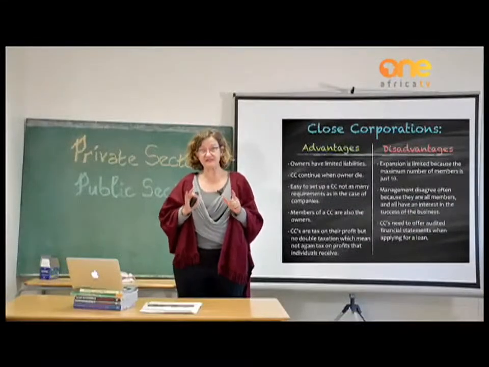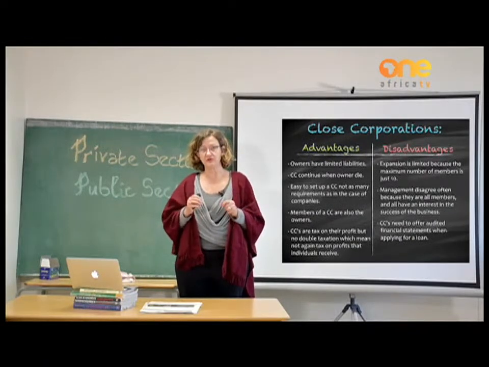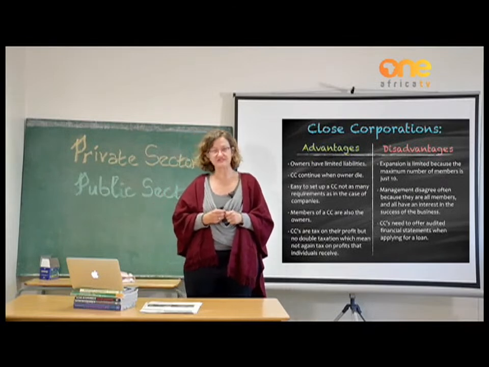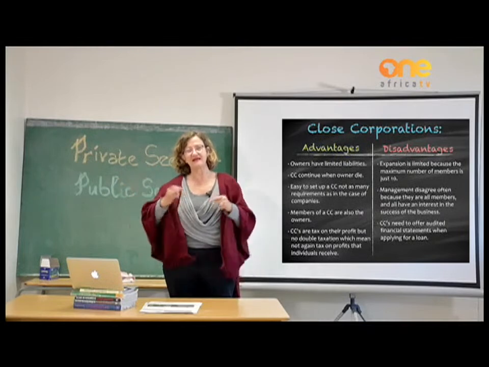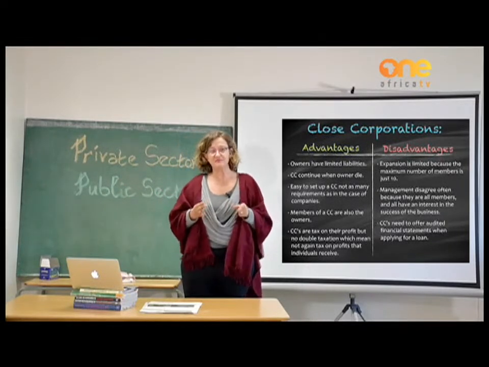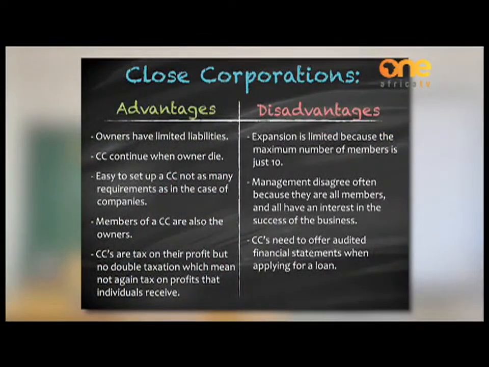Okay, we look at the disadvantages which you have worked on and what you could get together. I only have 3 disadvantages. The number of members that I can allow into a closed corporation is only 10, and that means it will limit the amount of capital that I can get together.